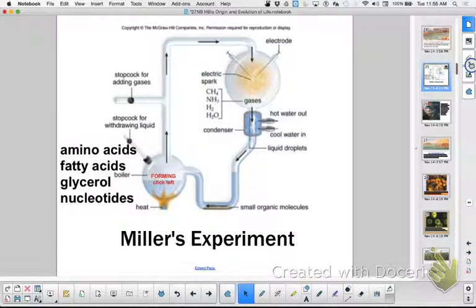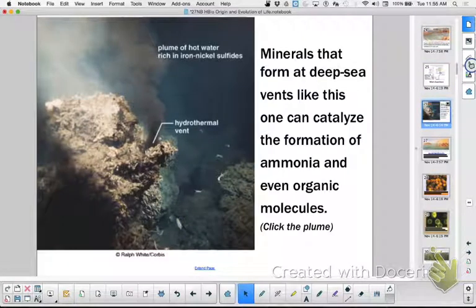Now let's go up one more step, stage 2, evolution of polymers from the monomers. And here I need to show you this, from deep sea vents. What are deep sea vents? Those could be what? Divergent boundaries, right? Like from seafloor spreading.